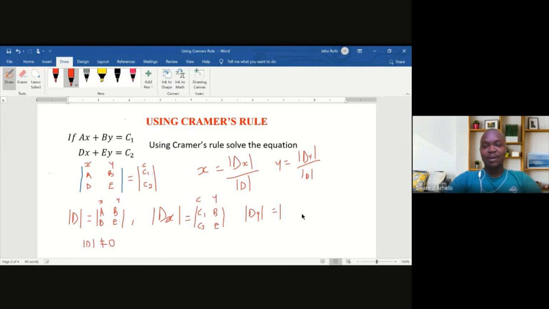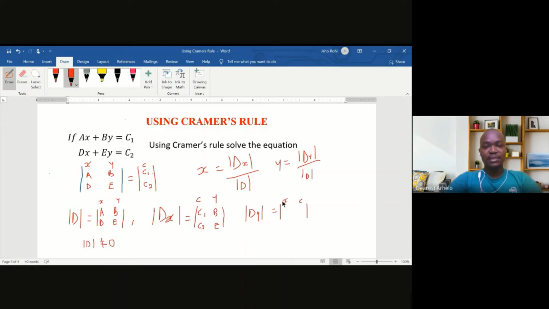So I open my matrix. What goes in here is the x column and the constant column. So to get the columns in dy, I have to replace the y with the constant. So what I have here is the x column and the constants column.